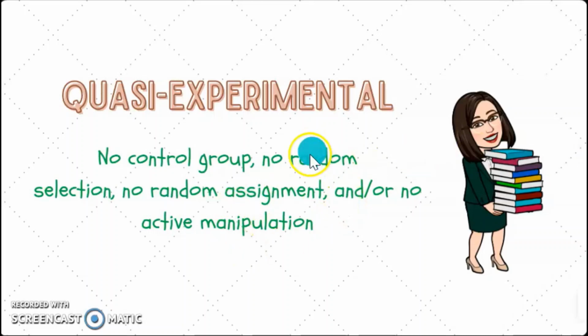So let's say we have sections A and B. You don't have to randomly reassign them based on particular classifications, say IQ levels, and so on. If you don't reassign them, it's qualified as quasi-experimental.